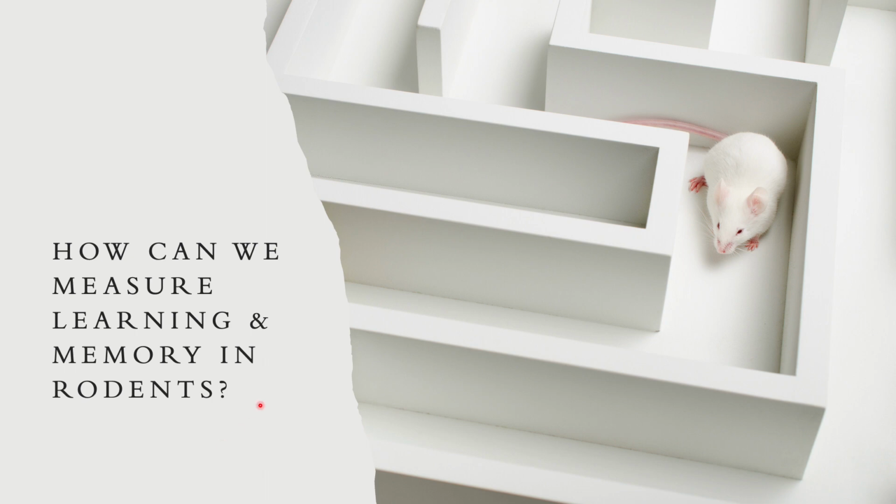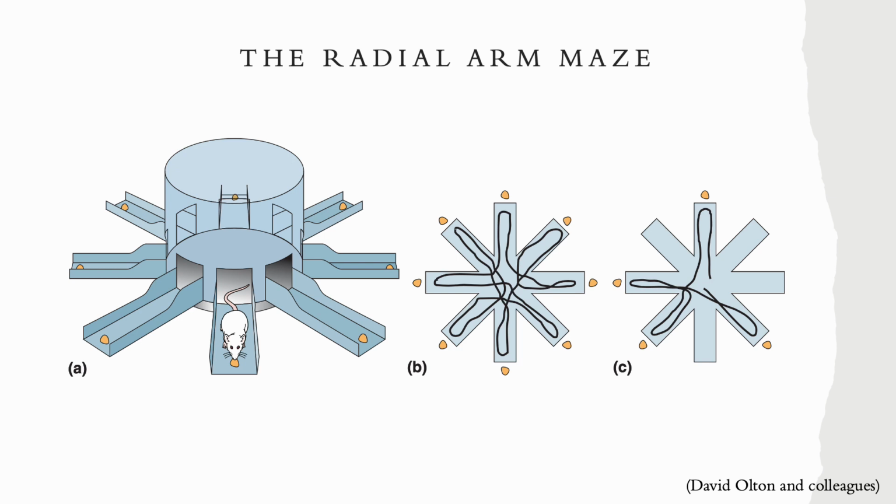So how can we measure learning and memory in rodents? Here's my first example of a behavioral paradigm that's utilized in animal research to measure learning and memory. This is called the radial arm maze. This is a maze with arms that radiate from a central point, and rats learn to navigate it to find rewards at the end of the arms.